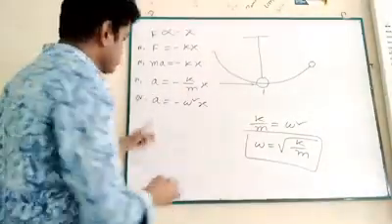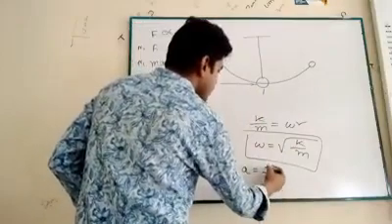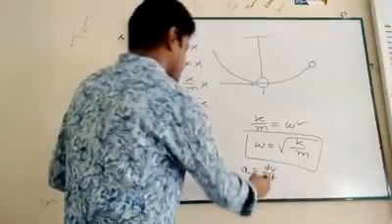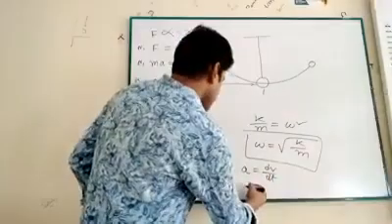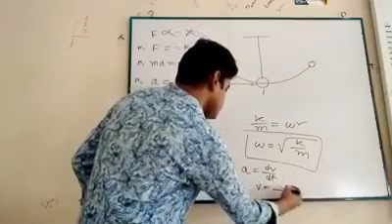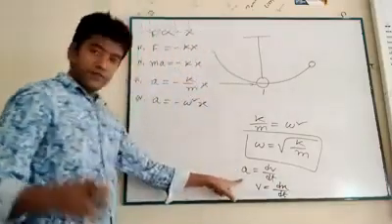and for acceleration, we know a equal to dv by dt, and v the velocity, or we can write v equal to dx by dt.